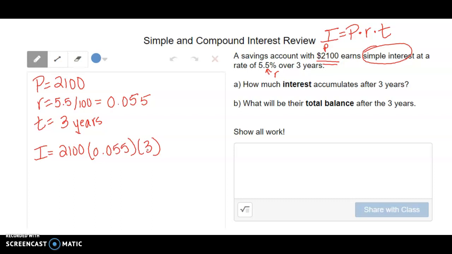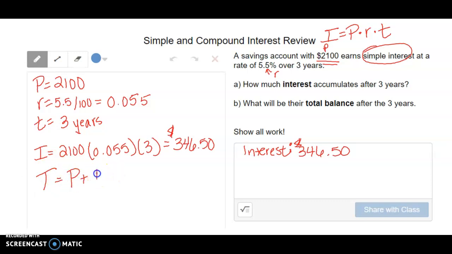And you should get the answer of $346.50. So our interest we just found is $346.50. To find our total amount, we need to do our principal amount plus our interest.